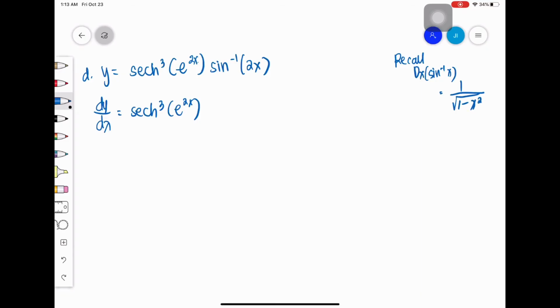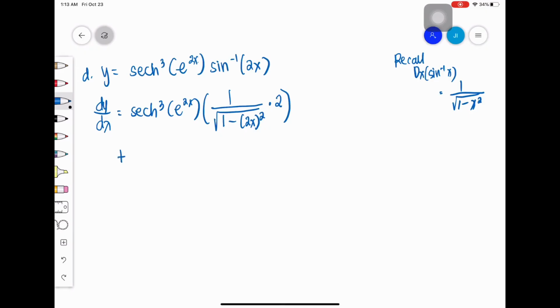Yun lang naman, no? So left the right is just left times the derivative of arcsine, which is 1 over square root of 1 minus what's inside quantity squared. Do you follow? But what's inside arcsine is still a function of x. Hence, we need to multiply it by the derivative of 2x, which is 2. Tama? So that's left the right.